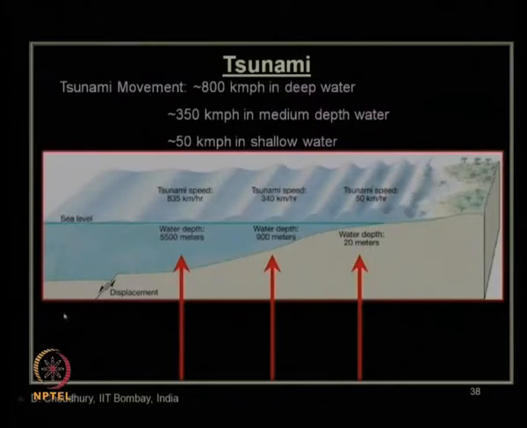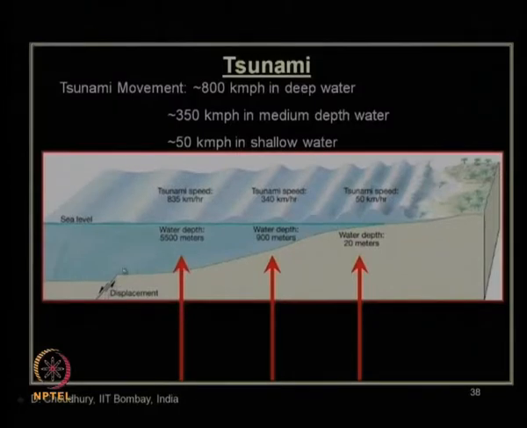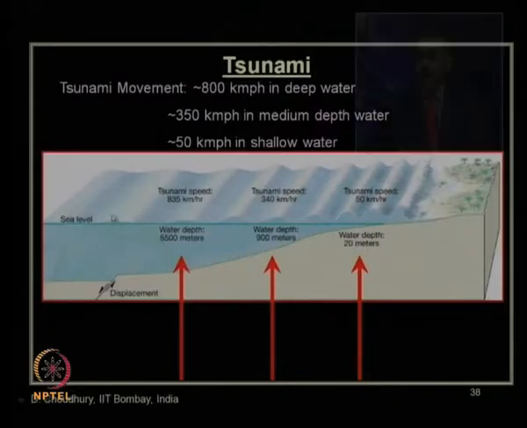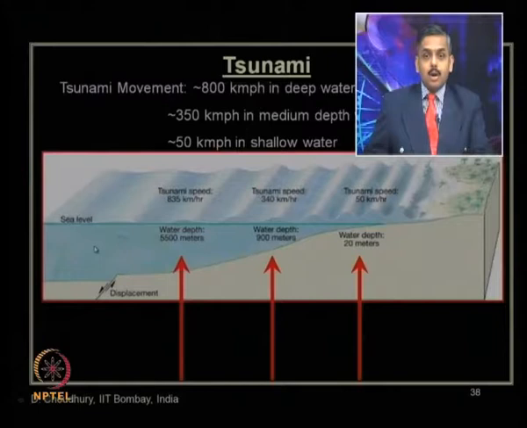So, this is the picture which clearly shows how the tsunami wave movement occurs. First, the sea floor movement should occur. This displacement should have a vertical component, as I have already mentioned, and that creates the waves over here. Finally, this energy flux has to remain constant.